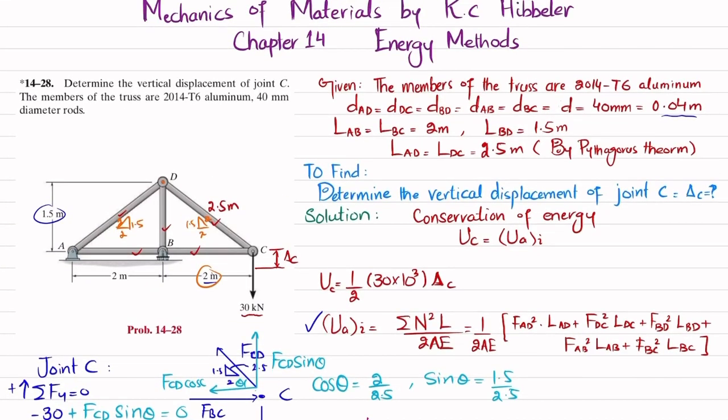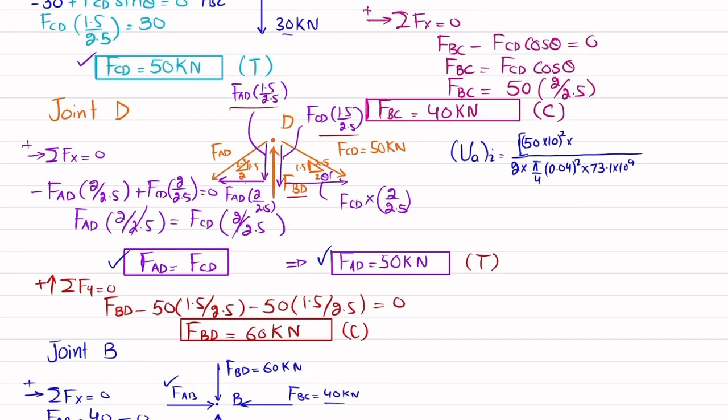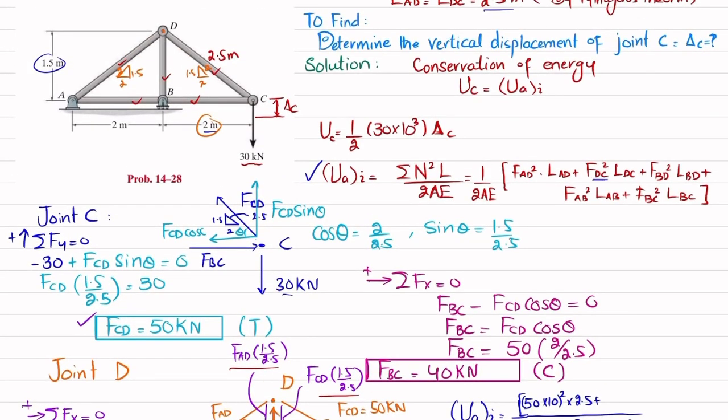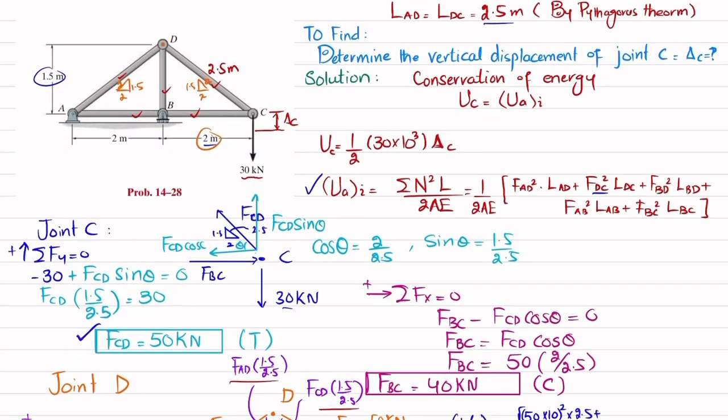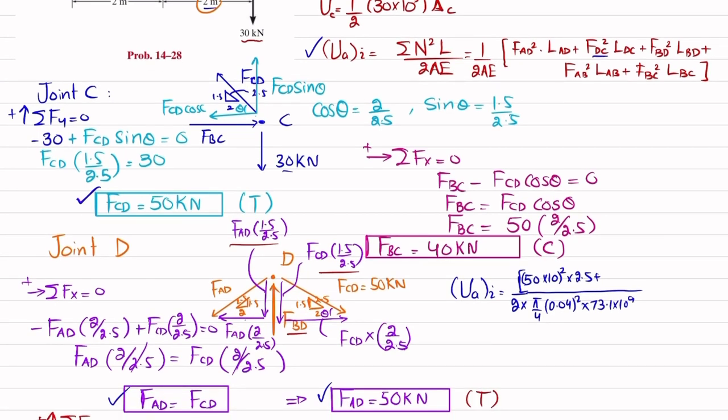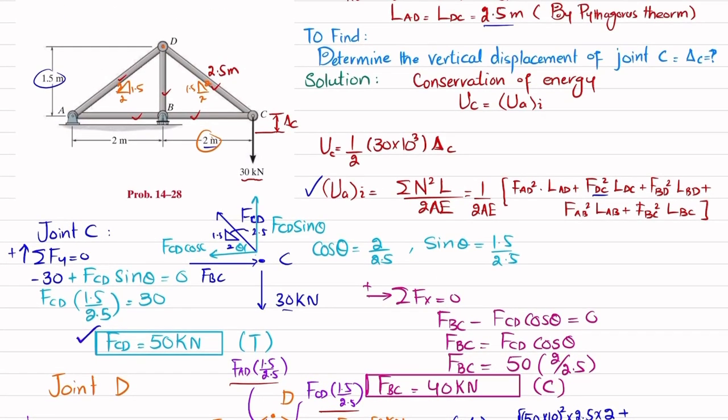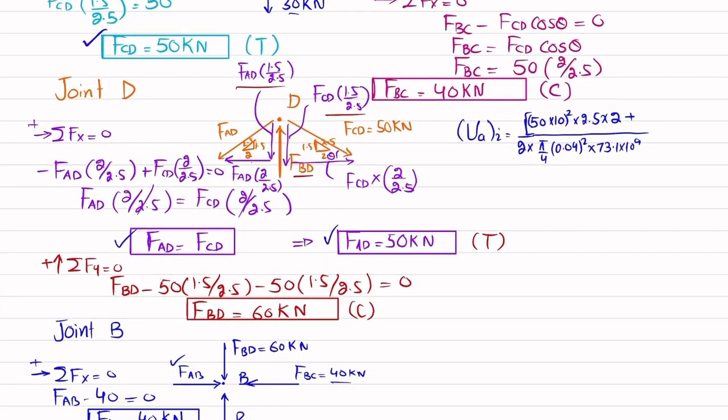Length of AD is 2.5. So 2.5 plus FDC. So FDC is also 50, and the length of DC is 2.5. So instead of writing it again, I will just multiply it with 2. Clear? Plus FBD.